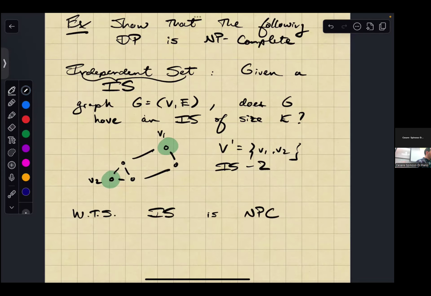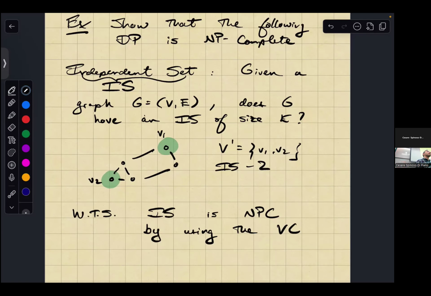And to do this, I'm going to force myself to use the vertex cover problem, okay?